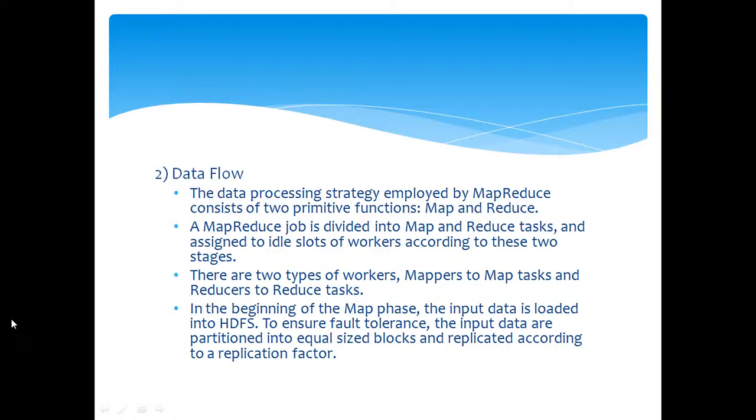The first thing that happens in Hadoop is that the input is loaded into the HDFS. The input from the user is loaded into the HDFS, and to ensure fault tolerance, as I already told, data reliability, the HDFS will make copies of data and store them on different machines.